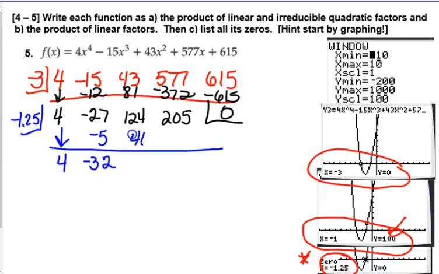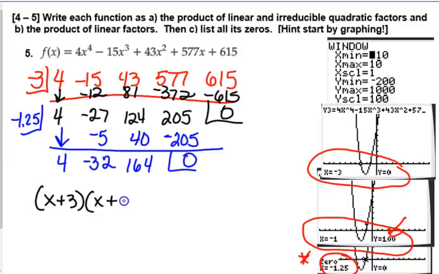Is it right? 164 times negative 1.25. Negative 205. A miracle. All right. So far I have as linear factors x plus 3 and x plus 1.25. What's left over is what?